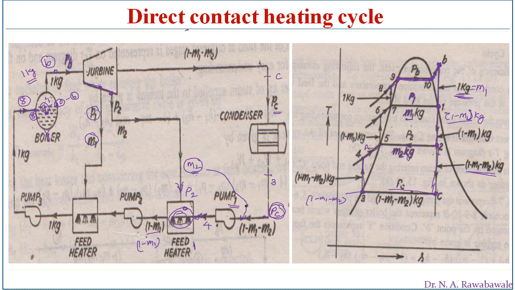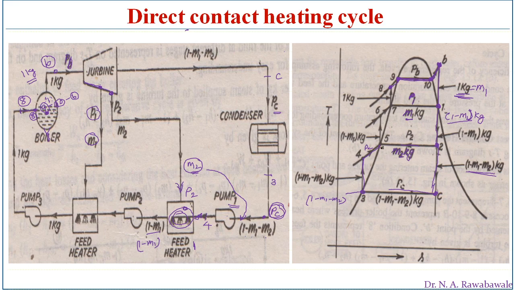Here there will be heat exchange between these two fluids. After mixing these two fluids, the mass of the condensate which comes out of this feed heater 1 is 1 minus m1, because m2 plus m2 minus m2 gets cancelled. Now 1 minus m1 will be the mass of condensate which enters into pump 2.